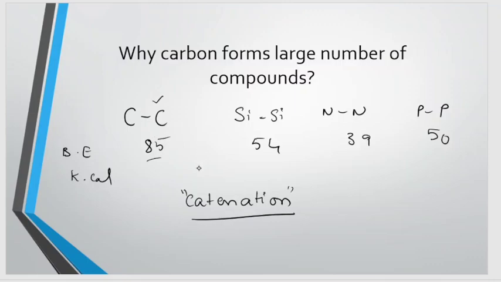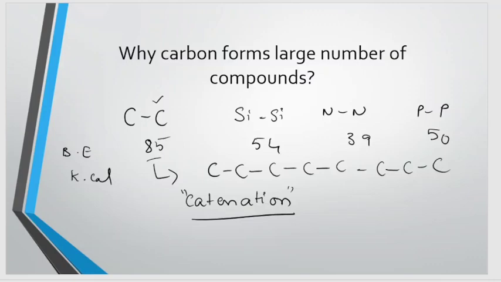Due to this reason, it can link with another carbon atom and form long chain compounds. This self-linking property of carbon is nothing but catenation.